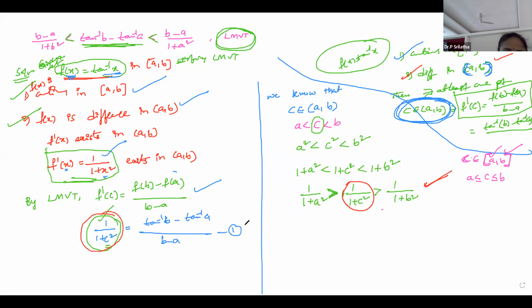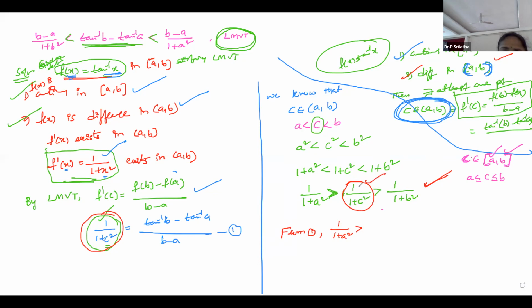Now from equation 1, here I am substituting the 1 by 1 plus c square value. So the value is tan inverse b minus tan inverse a divided by b minus a, right? So 1 by 1 plus a square is greater than.